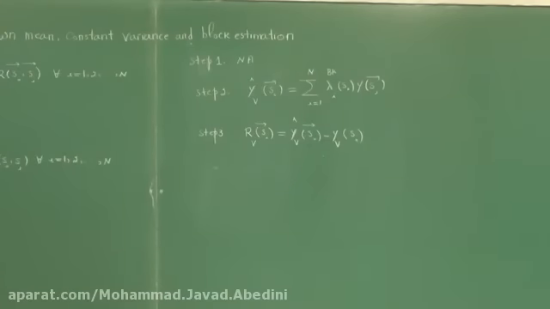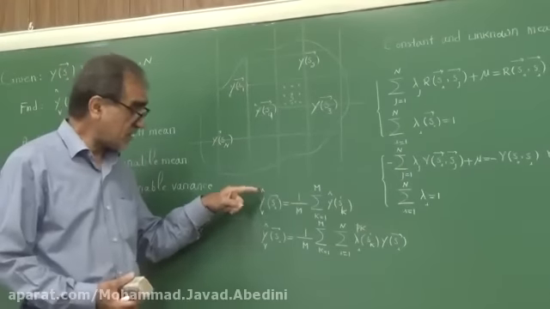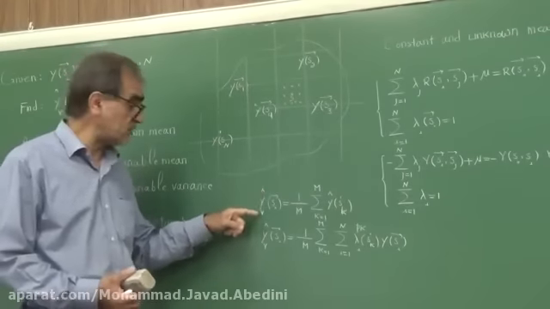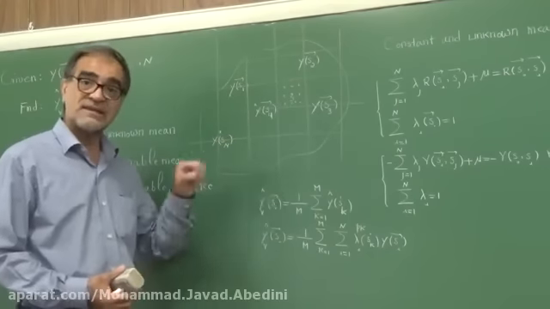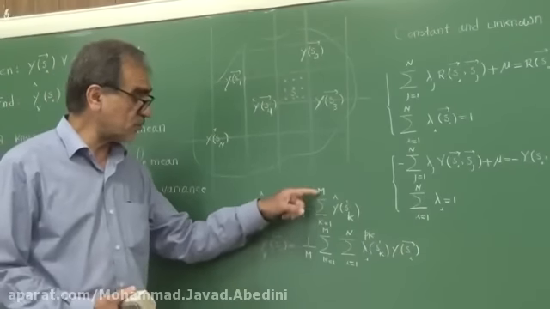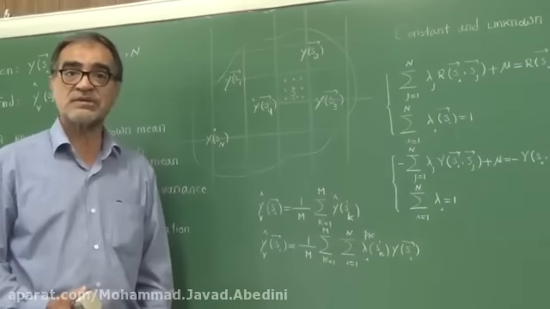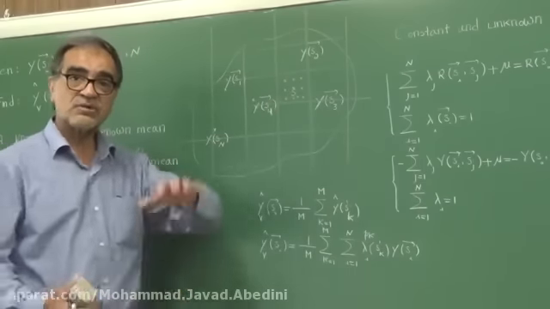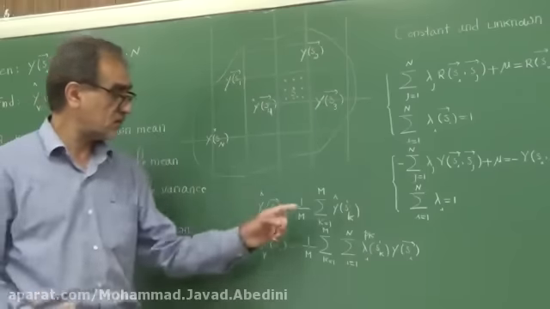See, if I remove this hat here, it will become the true value of Y over block V index at S0, and it can be written as 1 over M, summation from 1 to M, true value of Y at each point. True value over block can be connected to true value at point.